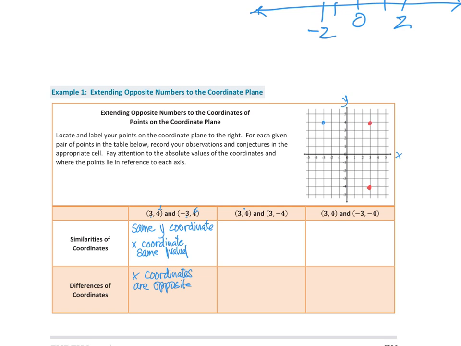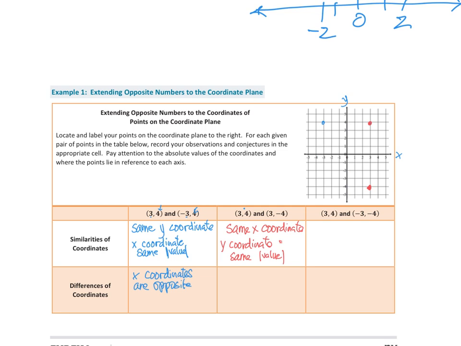It says they have the same x coordinate, the first coordinate, and the y coordinate has the same absolute value. And then what are the differences?